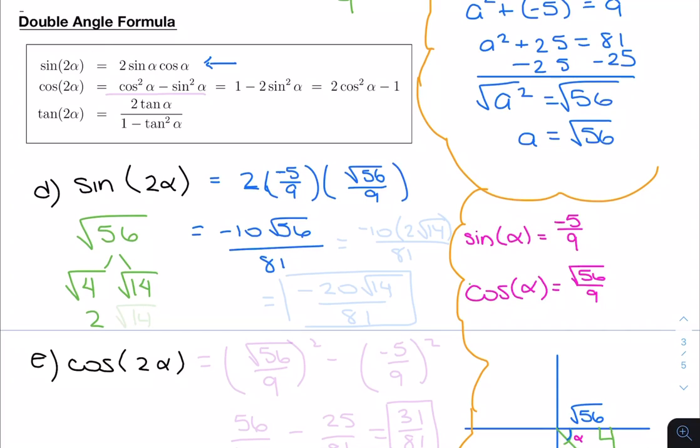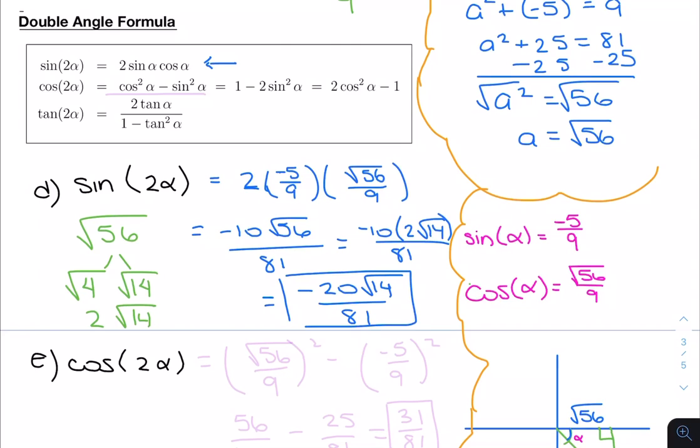And so this simplifies to 2 square root of 14. So if we plug it in, it's equal to negative 10 times 2 square root of 14 all over 81. And so our final answer would be negative 20 square root of 14 all over 81. And so that's what we would get for sine of 2 alpha.